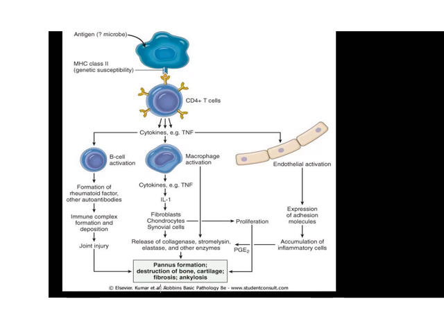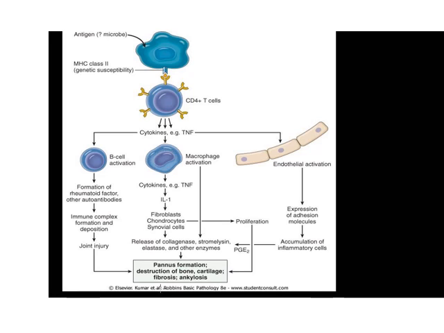Now different cytokines are released from CD4 T cells, B cells are activated, and rheumatoid factor and other antibodies form. This immune complex formation and deposition in different parts of the body and also in the joint causes the joint injury. Next, activation of the macrophage causes the liberation of different types of enzymes, collagenase, stromelysin, elastase, etc., which cause further erosion of the joint space.